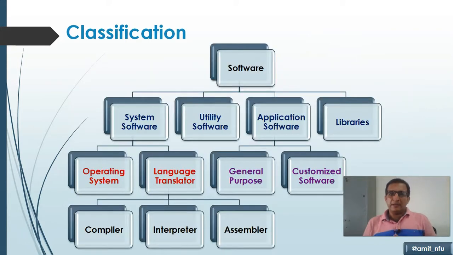Software can be classified into system software, utility software, application software, as well as libraries. And we will be talking about only system software in this particular session, that is operating system and language translator. And in language translator, we will be understanding about compiler, interpreter, as well as assembler, right?